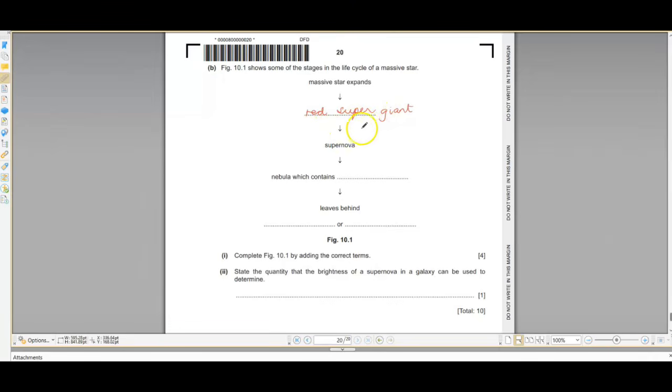Okay, and then it converts into a supernova. So now the supernova has a nebula which contains heavy elements. And it leaves behind a black hole or neutron stars.